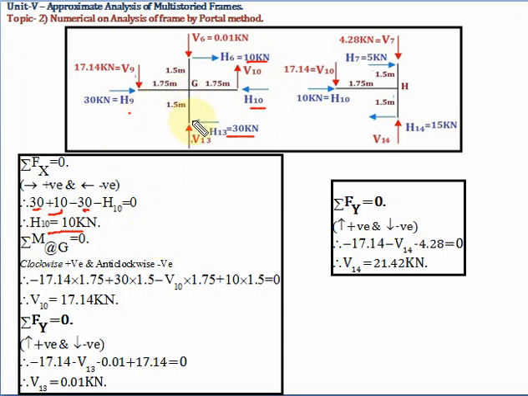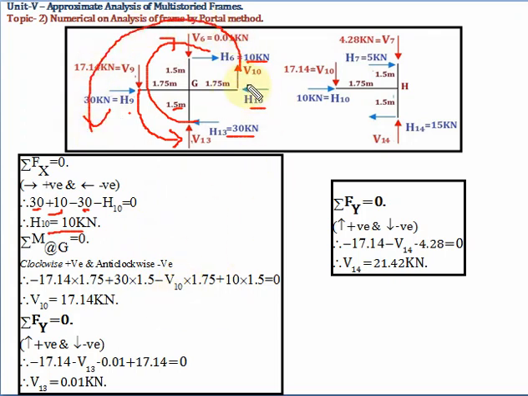Now take the moment at G equal to 0. Consider clockwise positive, anti-clockwise negative. Now 17.14 acting in the anti-clockwise direction, minus, distance is 1.75. Then 30 acting in the clockwise direction, plus, what is the distance? 1.5. Then V10, how is V10 acting?